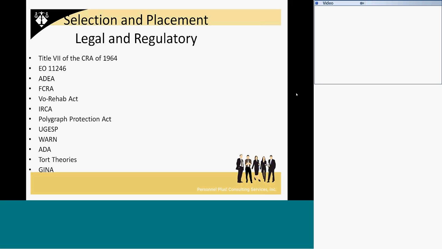WARN describes what's called the Worker Adjustment and Retraining Notification Act, better known as the Plant Closing Law. As a plant closing law, it requires notice when employers shut down a plant or conduct what's known as mass layoffs.